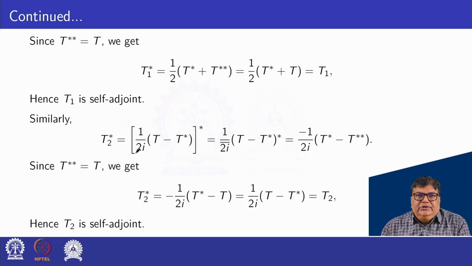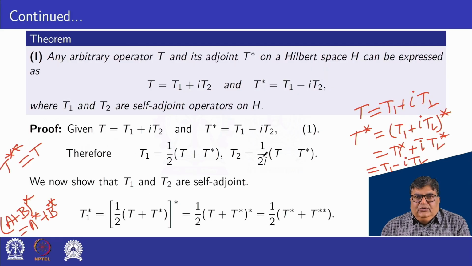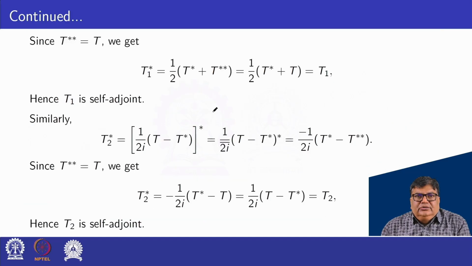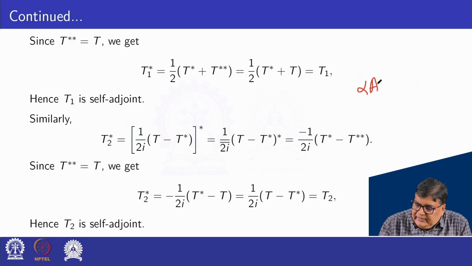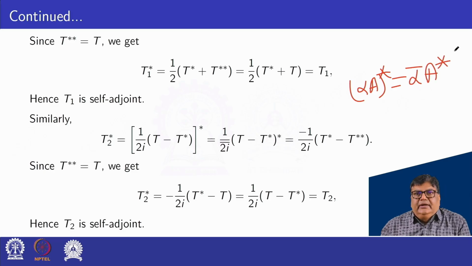Similarly, T2 star is star of 1 upon 2i into (T minus T star). So taking T2 star as 1 upon 2i bar, because we know that if alpha is any scalar and A is an operator, then star of alpha A is equal to alpha bar A star.